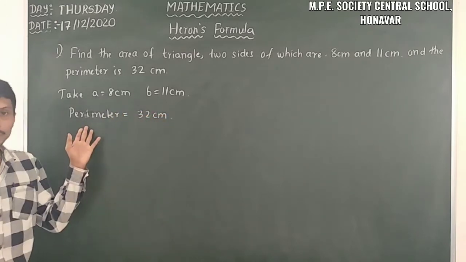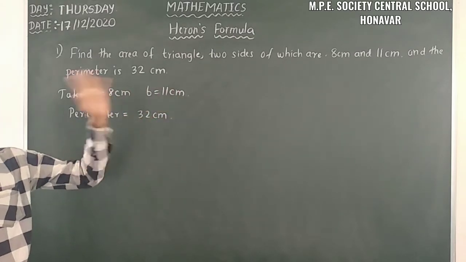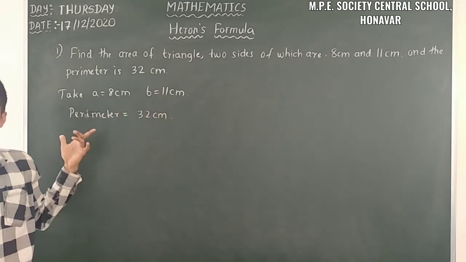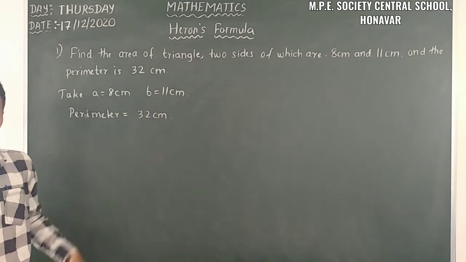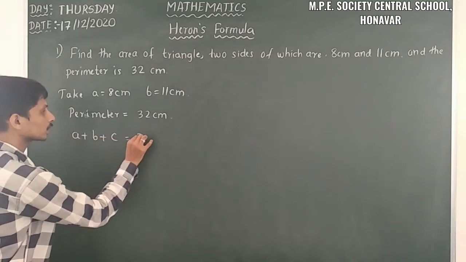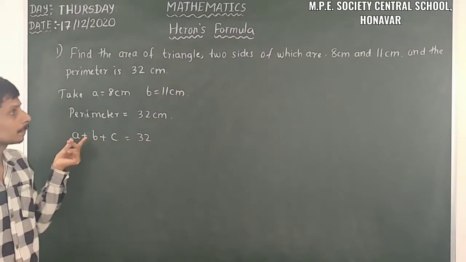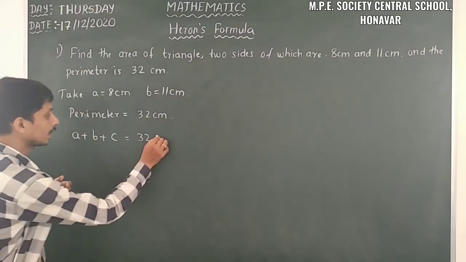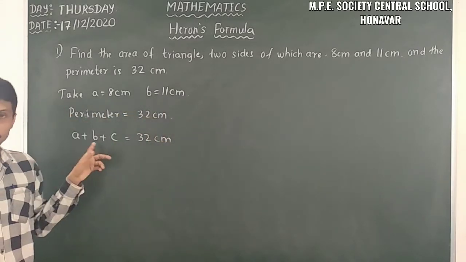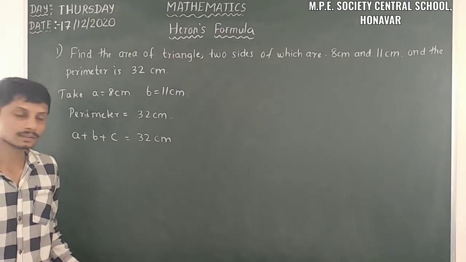To find the perimeter we add A plus B plus C. So A plus B plus C is equal to 32 centimeter. The value of A is 8 centimeter and the value of B is 11 centimeter. We insert these values and transpose to get the value of the other side.